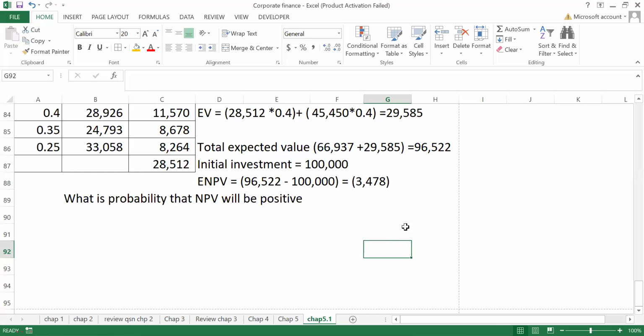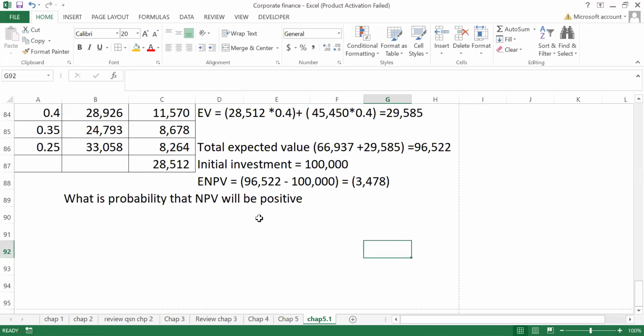Based on that probability, you can see whether to take a chance or not. What if we decide to take the project because the highest probability is positive? That is still okay, but then you have to explain to the manager if things go wrong.